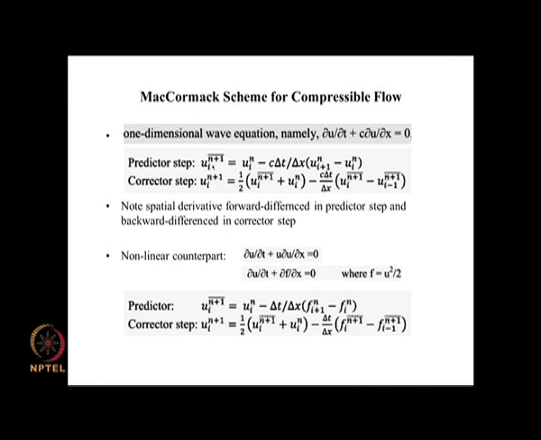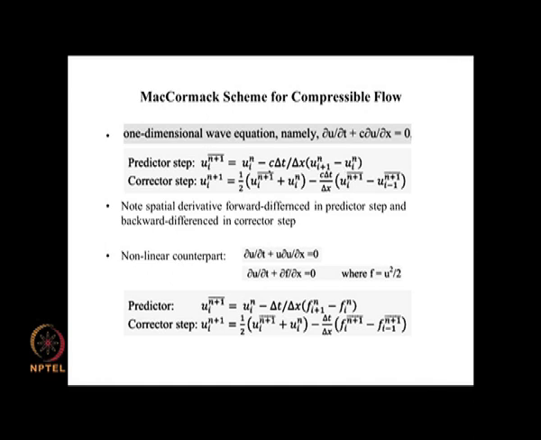So, in the simplest form, you have a provisional value of u_i^(n+1) bar, evaluated as the old value minus c delta t by delta x times (u_(i+1) minus u_i^n).